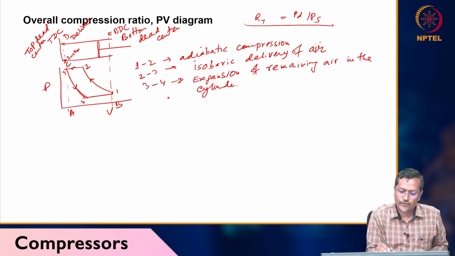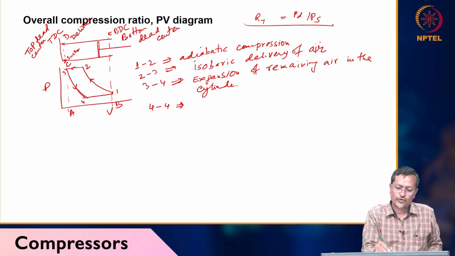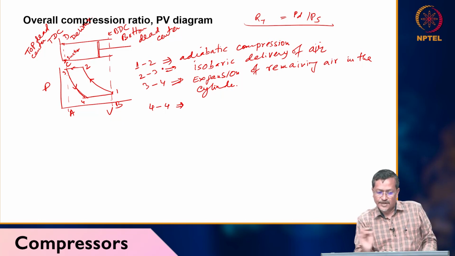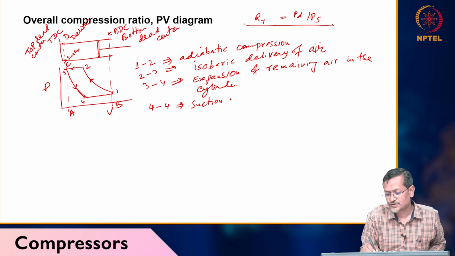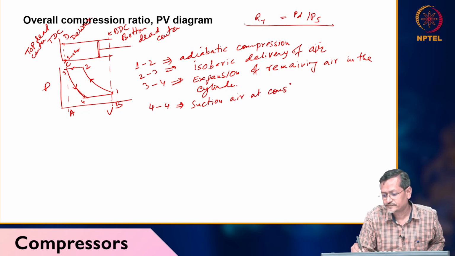Okay, and 4 to 1 it is happening like this. So 4 to 1 is suction of air at constant pressure.